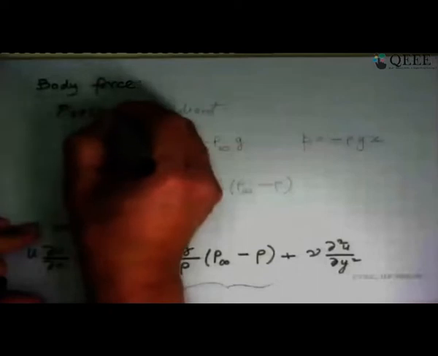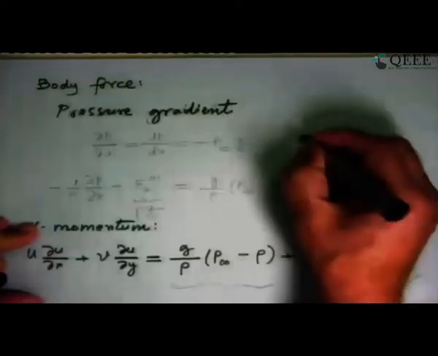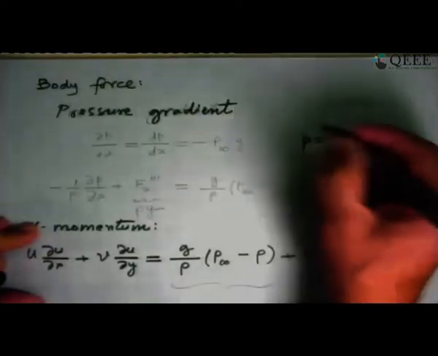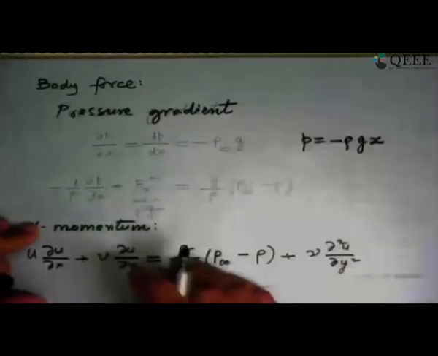So we now relook at the body force term and ask what happens. Well, we have just seen there is a pressure gradient being set up, where we know that dP/dx, in this case x was going in the up direction, is rho Gx.